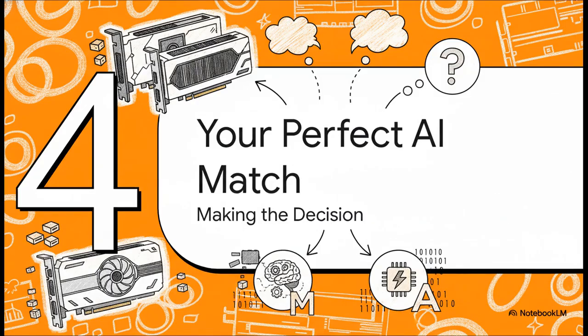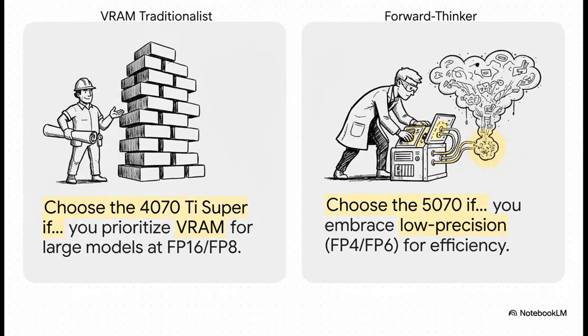So which one is actually right for you? See, this isn't really about which GPU is better in a vacuum. It's about which GPU is better for the specific work that you do. So let's try and break it down into two simple profiles. Ask yourself this: are you a VRAM traditionalist?